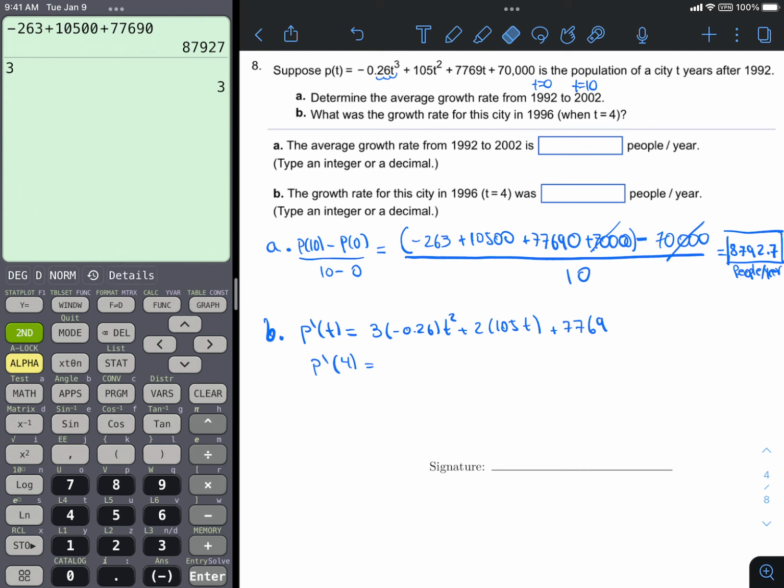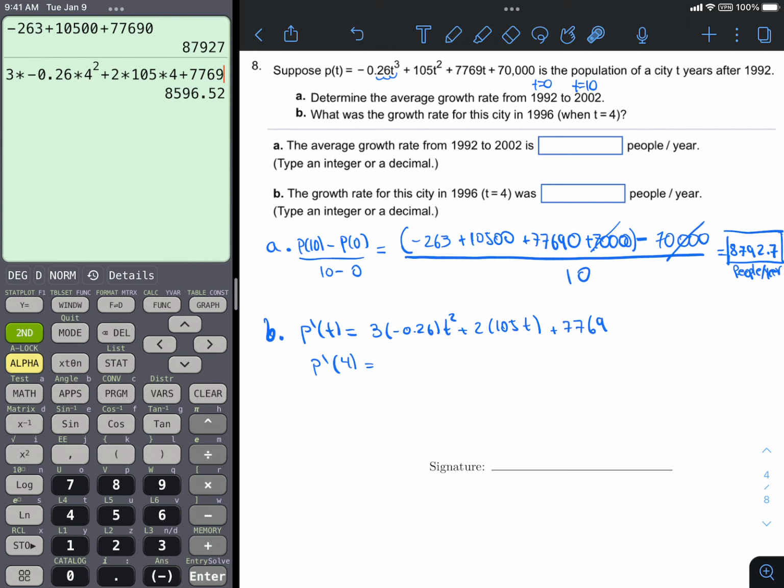So that's 3 times a negative 0.26 times 4 squared, and that plus 2 times 105 times 4 plus 7769.